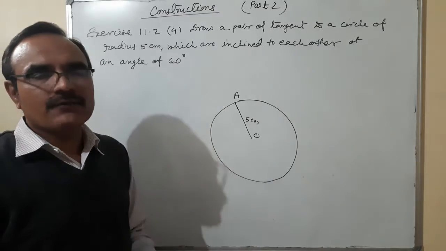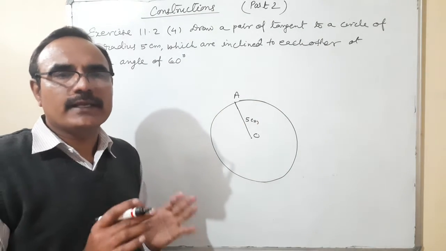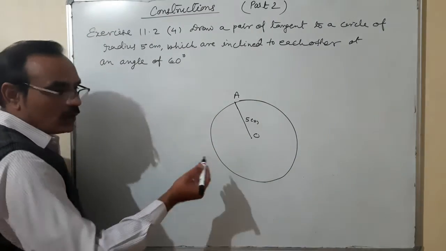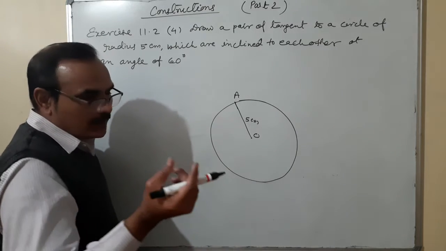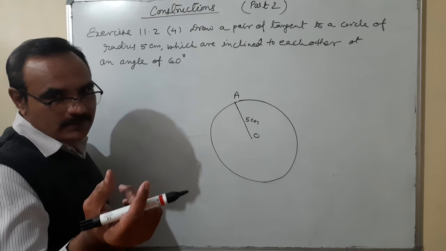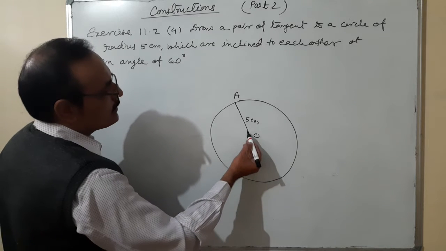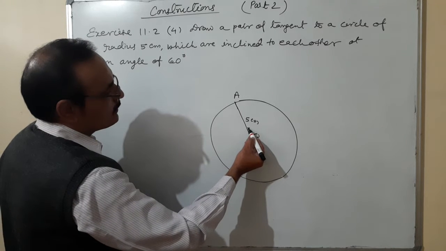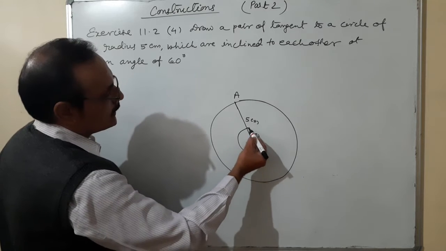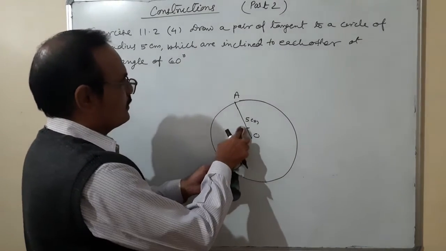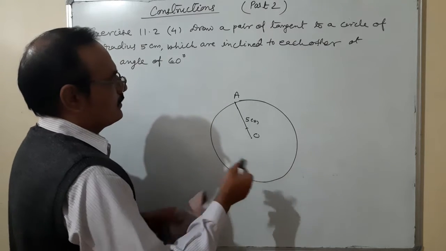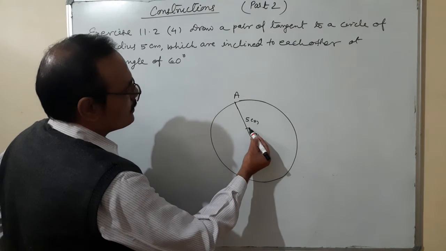So from the center we are going to make a 120 degree angle first. How to make an angle of 120 degree? O is the center. You will open the pair of compass to a sufficient distance of radius. Draw an arc like this with O as a center.